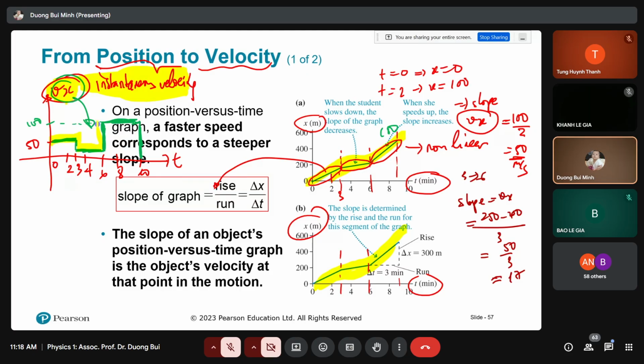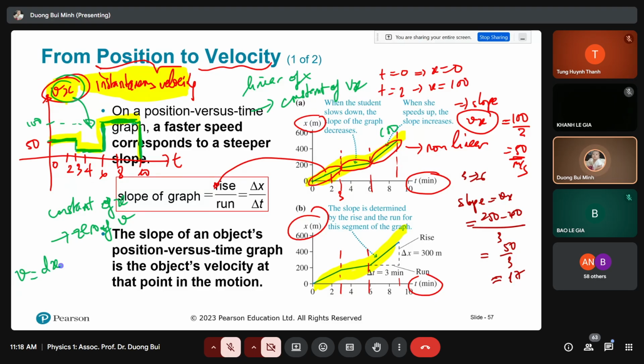So if x is linear, we have constant Vx. If x is constant, we have 0 for v, because v is dx over dt.